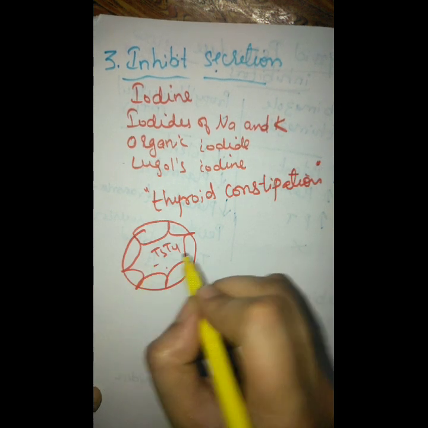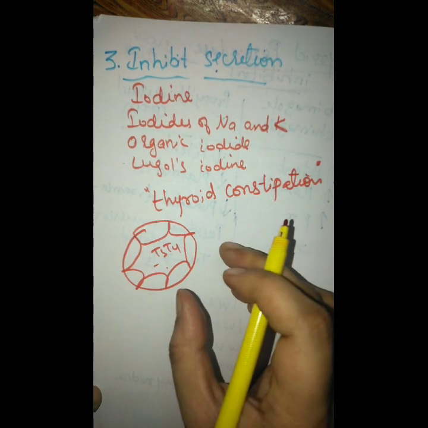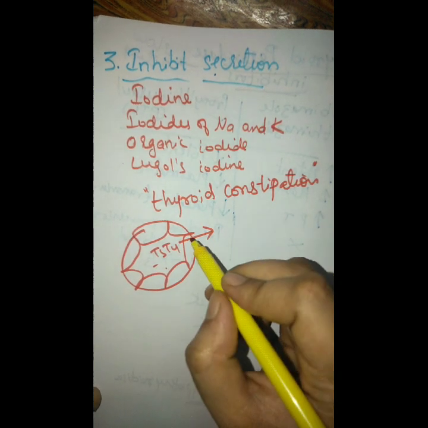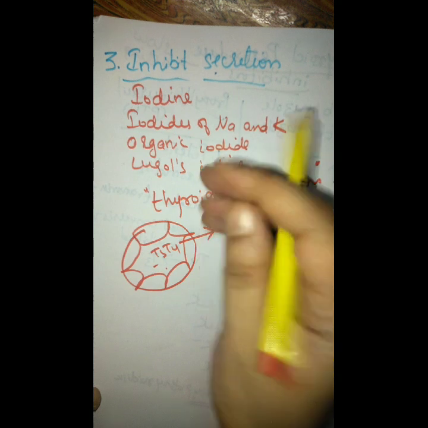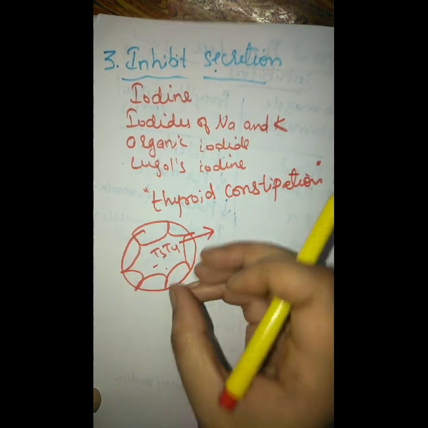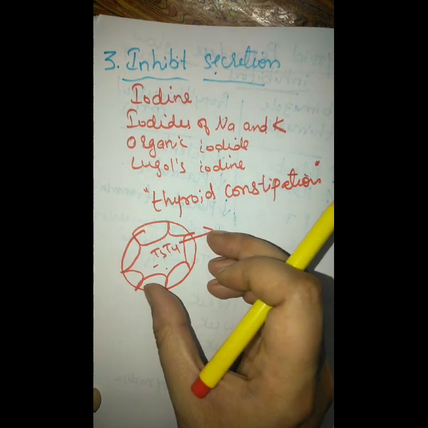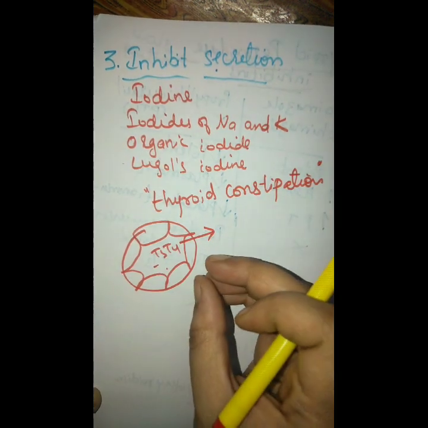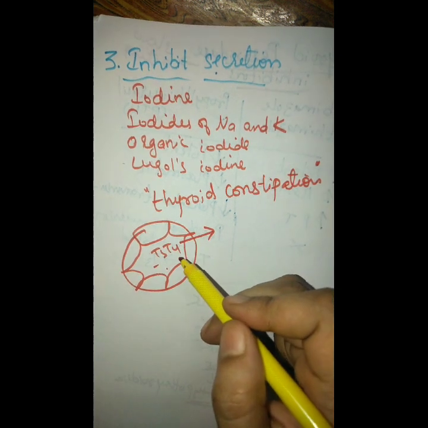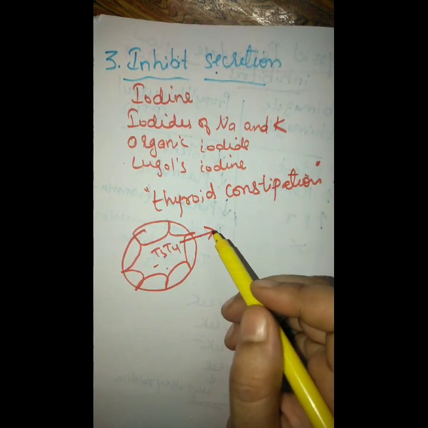Thyroid hormone will be synthesized on a regular basis, as was happening, but just its release is inhibited. And how it inhibits: it reduces the vascularity of the gland. Vascularity means the blood supply to the gland, because of which the thyroid gland becomes smaller, shrunken and firm, and it will be unable to release the thyroid hormone.